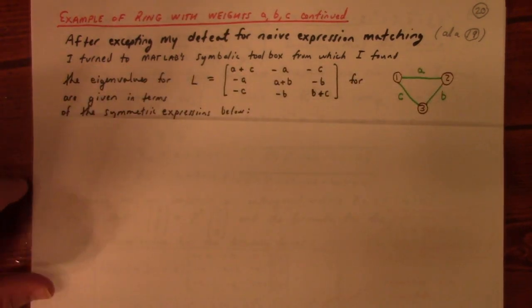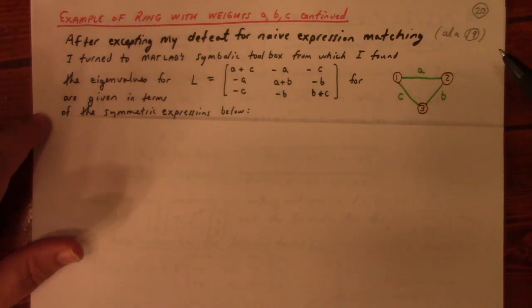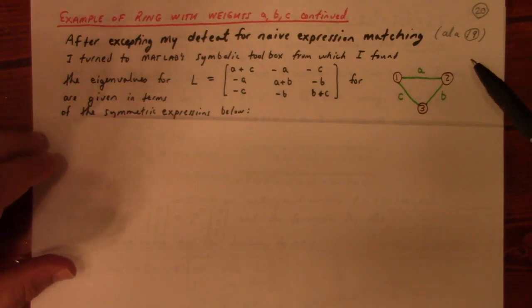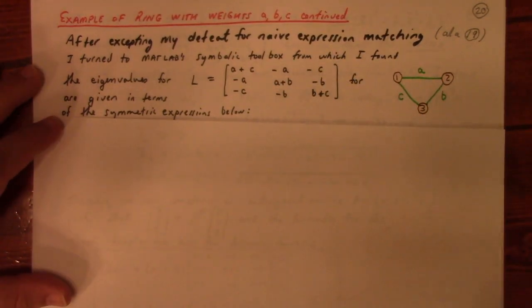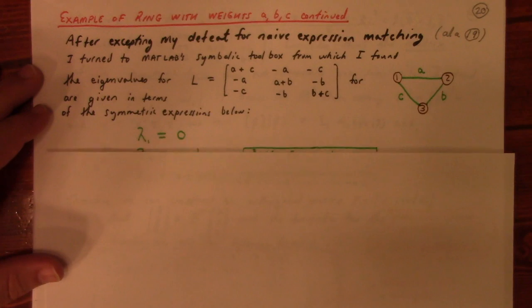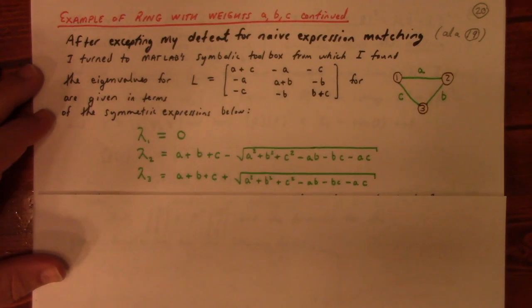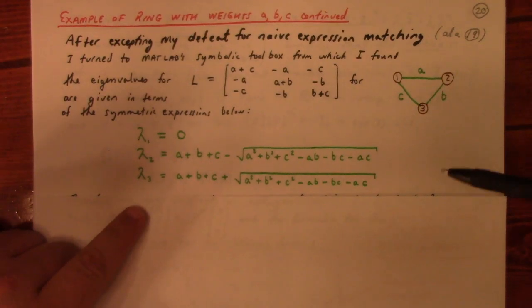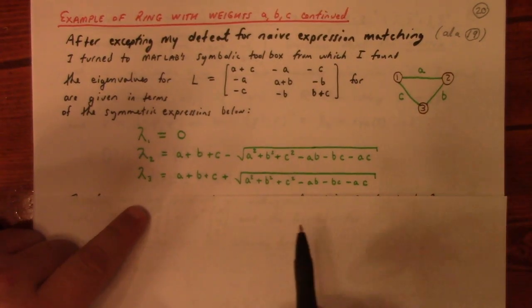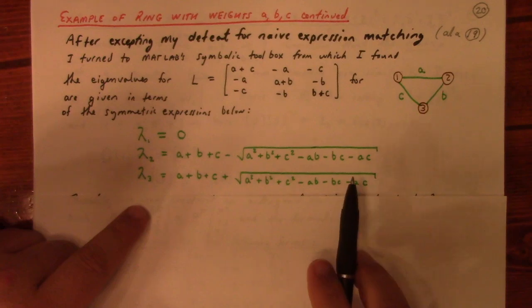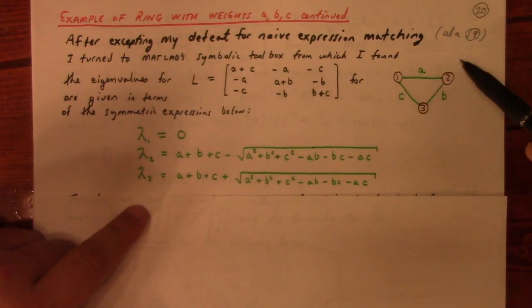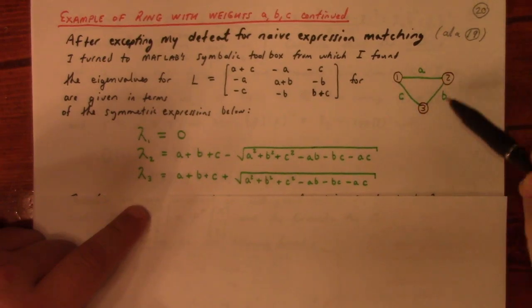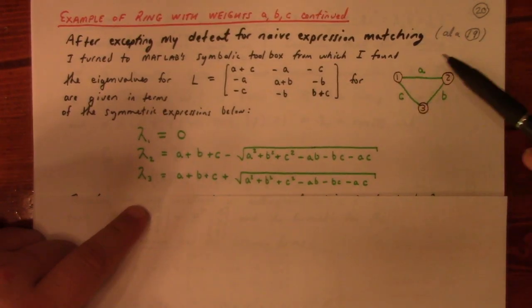If you do feed this beast to the MATLAB Symbolic Toolbox, which gives you this graph Laplacian, well, yep, in fact, 0 is an eigenvalue. But the other two eigenvalues, they're not just a, b, or c, they're these symmetric expressions, which makes sense, right? Because in some sense, there's really no difference between a, b, and c here in 1, 2, 3. There's some kind of symmetry of exchange of vertices and weights that you could think about.